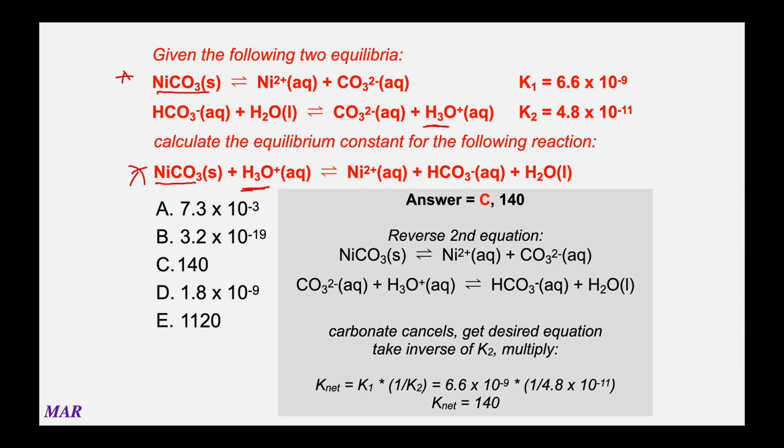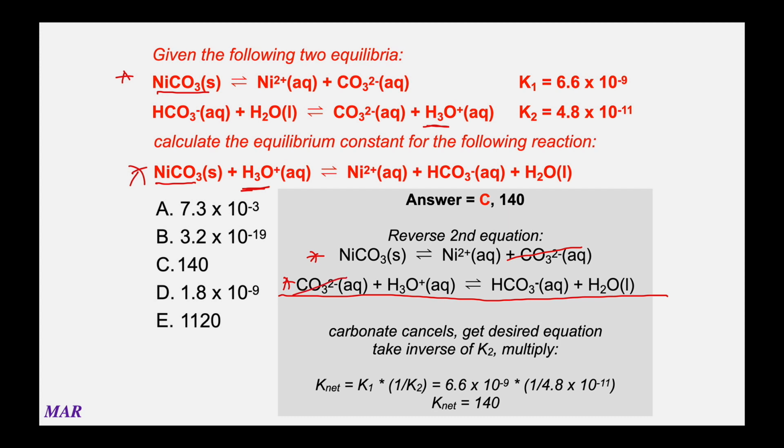So here's what I did. I used the first reaction as is, didn't touch it. Nickel carbonate goes to the ions, no problem. But I did flip the second reaction around. Carbonate plus hydronium makes hydrogen carbonate and water. And if you combine these two together, the carbonate on the reactant and the product side cancels.